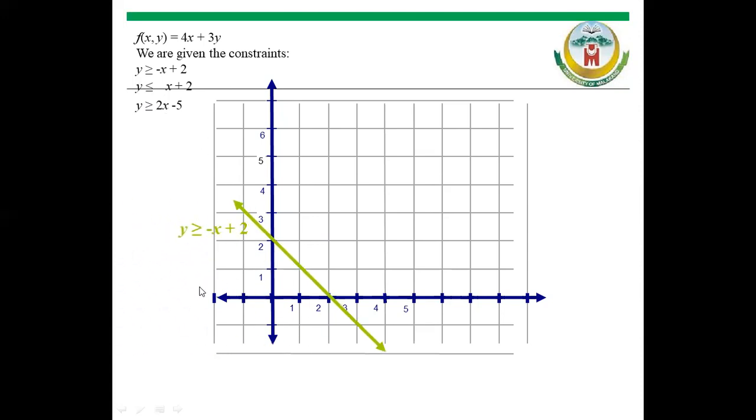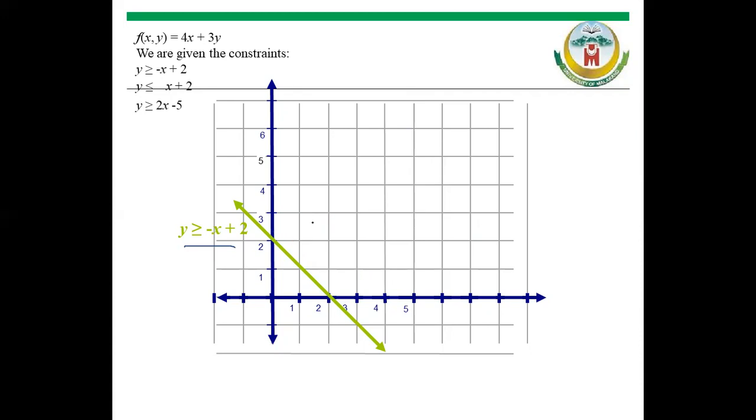Now if we plot the first constraint, y is greater or equal to -x plus 2, we have this line representing this constraint, and below this line this condition is false, and above this line this condition is true.